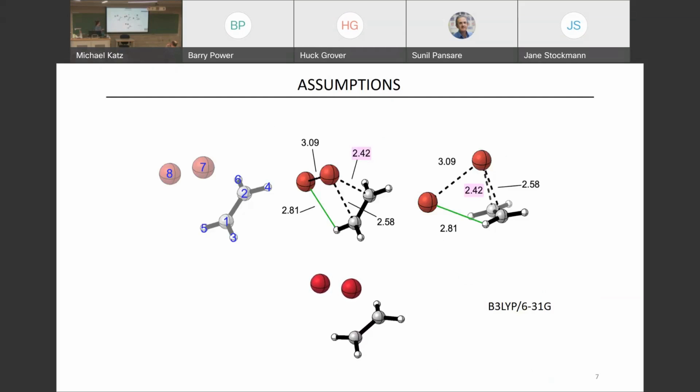It's 2.4 and around 2.6 angstroms, which suggests that the next step in this bromination reaction is the formation of the bromonium ion intermediate, where these distances are the same. Another interesting thing we can notice is that this bromine prefers the sideways orientation, even though the bromination was modeled perpendicular to the plane of the molecule. And this is a trend that we'll be seeing in the future with the other transition states.